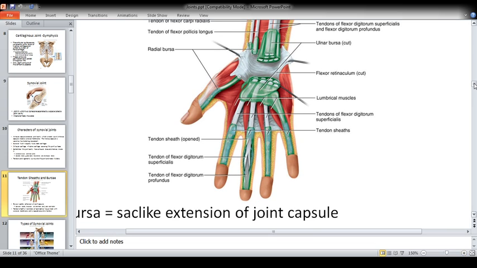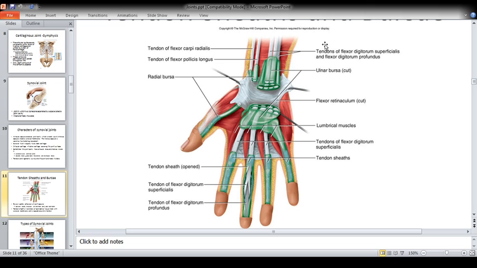So what can we see in this pictogram? Let's look at it. So these are normal tendons of the muscle, flexor carpi radialis, tendons of flexor digitorum. Here is the joint that is present between the metacarpals, carpals, and radius, ulna.